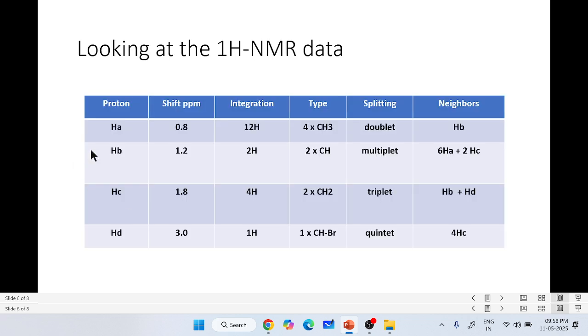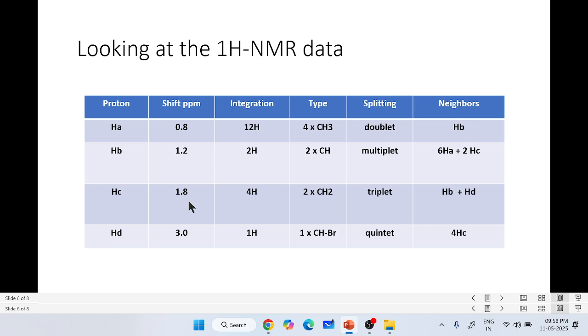Okay, so now we look at the NMR data. We can see HA shows a shift of 0.8 ppm. It's 12H in integration, very likely 4 methyl groups. Now HB is at 1.2 ppm. It's 2H in integration, and it looks very much like 2 CH groups. I'll explain that further, how I came to that.